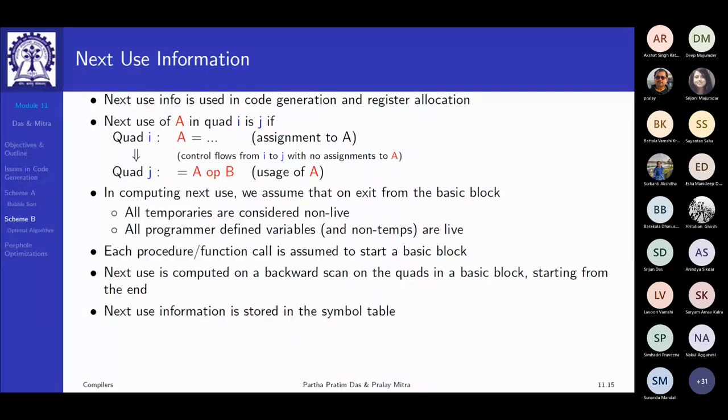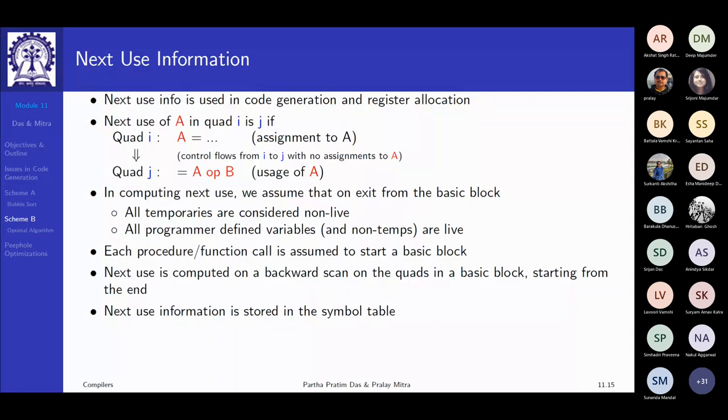Now, how do you compute next use? The next use is a def-use part, and it is a restricted definition of liveness. So naturally, it will have to be computed on a backward scan on the quads in a basic block.